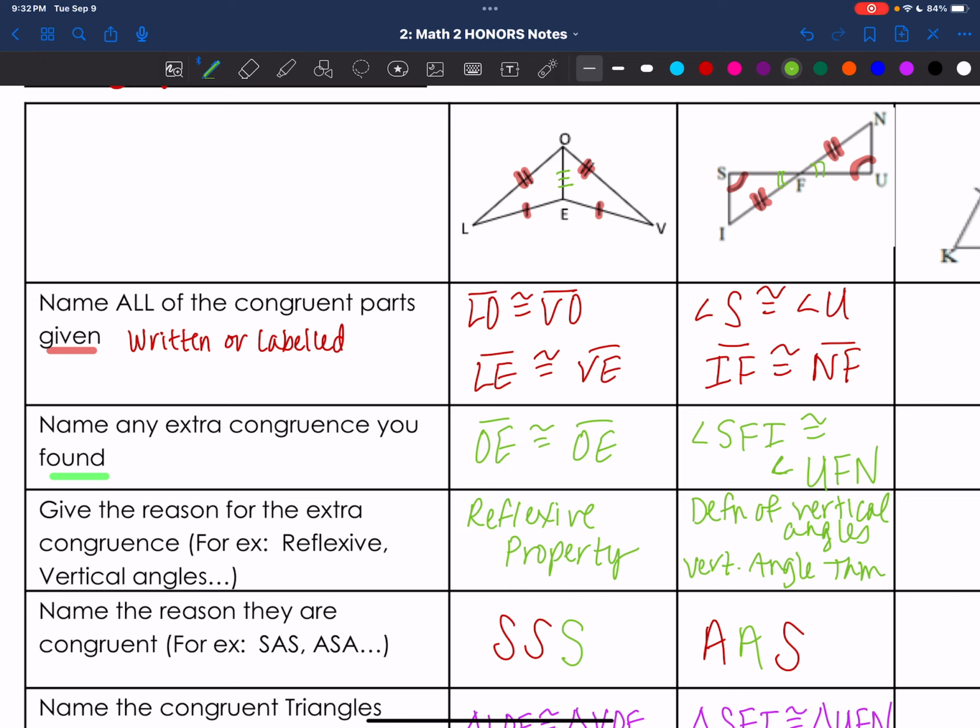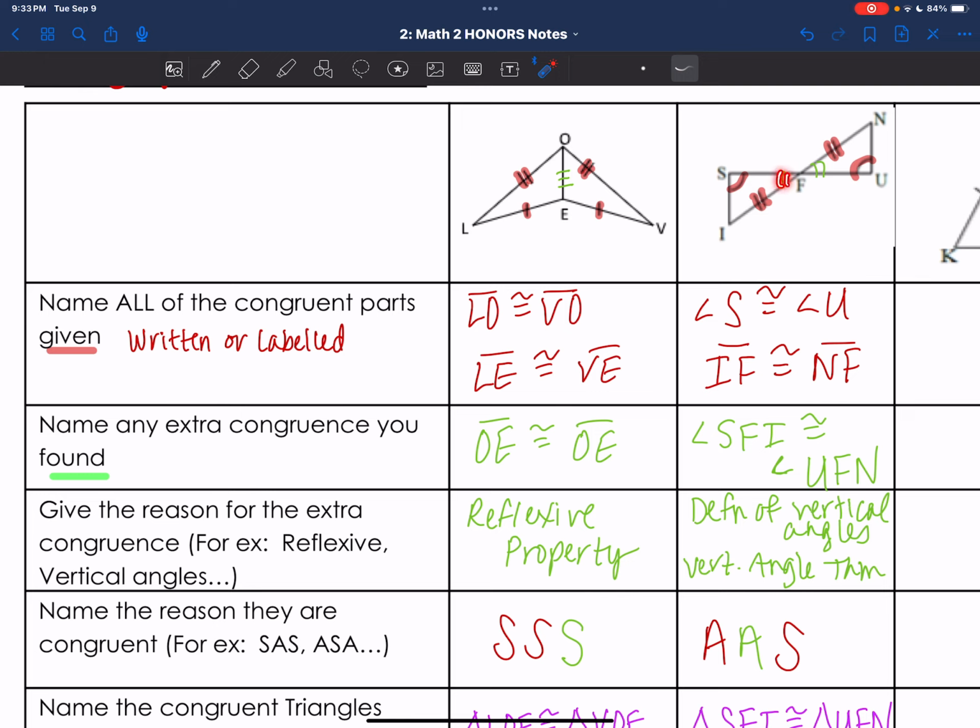So I know that angle SFI is congruent to angle, remember since we started with S, we have to start with U, so UFN. Remember, order matters for that. And we know that they're congruent because of the definition of vertical angles and the vertical angle theorem.